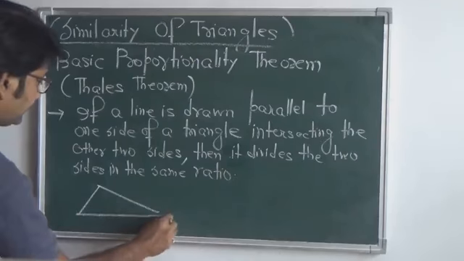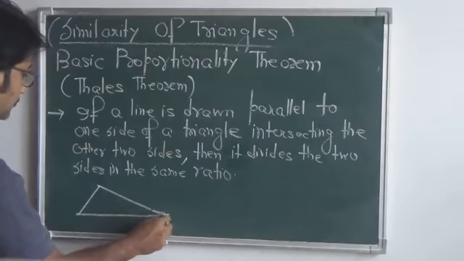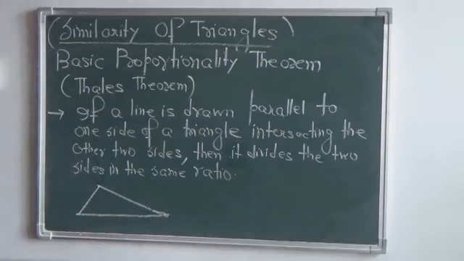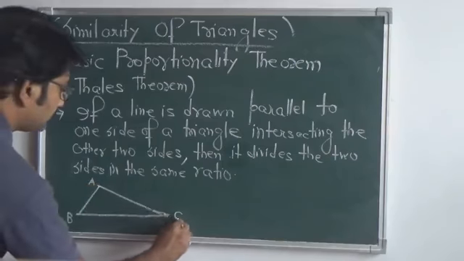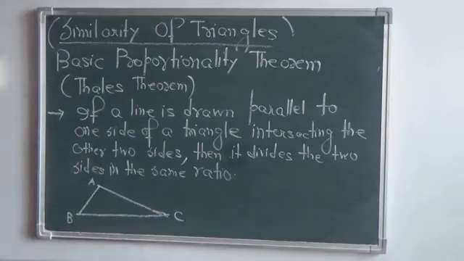Suppose this is a triangle, we can name it as ABC. Now we draw a line DE parallel to the side BC.